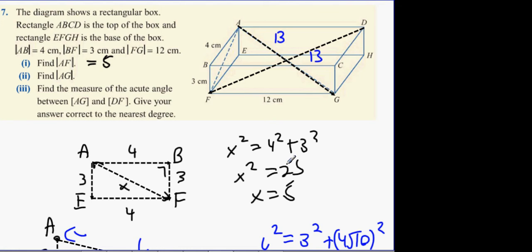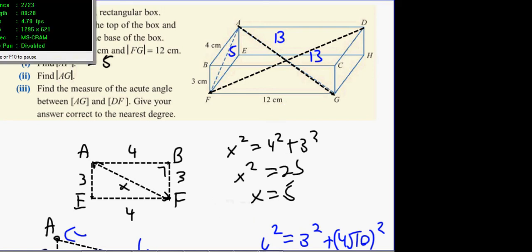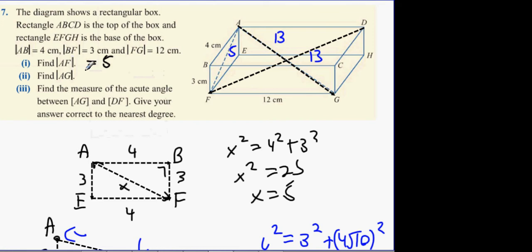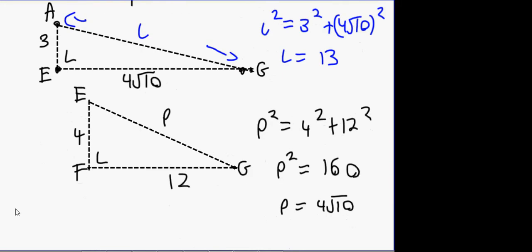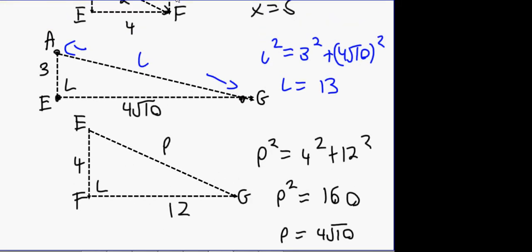We figured out AF is 5. And EG was 4 root 10.